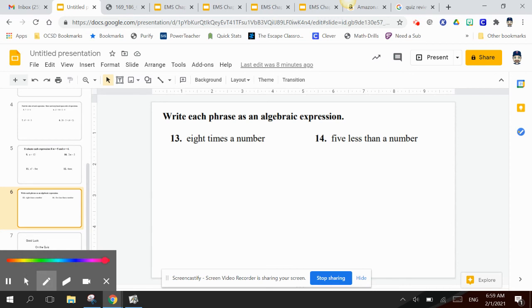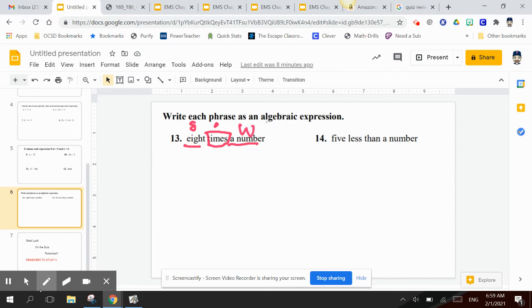So 13 and 14, we have to write each phrase as an algebraic expression. So number 13 says 8 times a number. So 8, I know what that is. That's a number. Times tells me to multiply. And a number. Well, what number is that? I don't know. That's my variable.